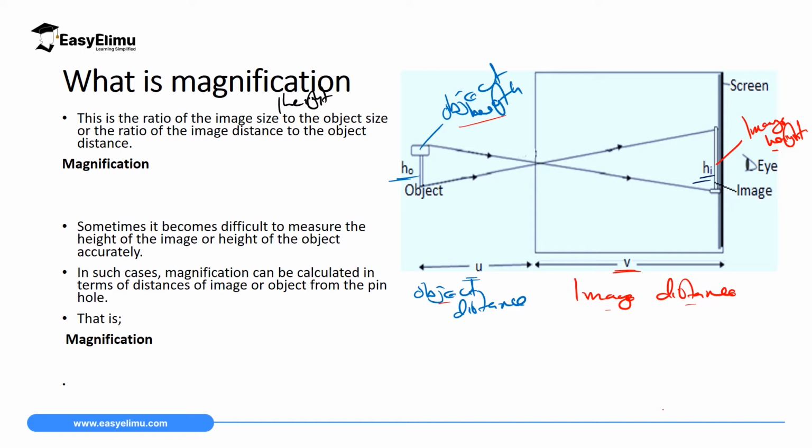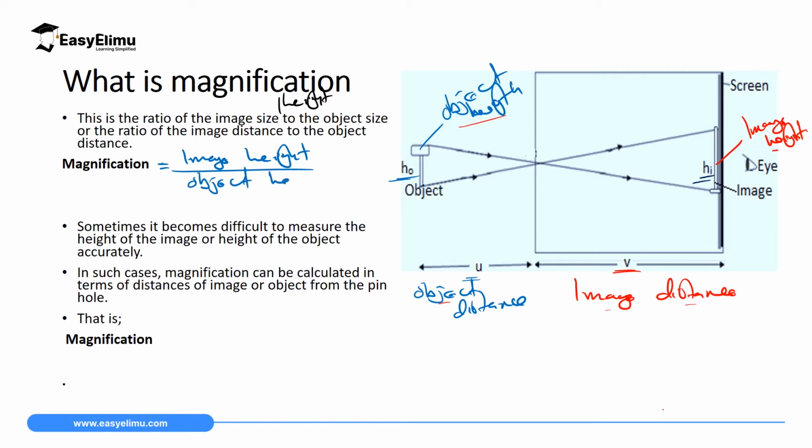So in this case, we can use that definition to write the formula of magnification. Magnification will be equal to the ratio. Ratio means a division of the image height divided by object height.